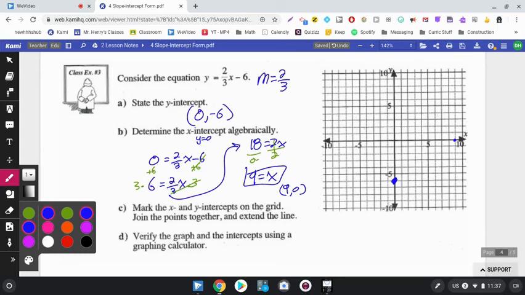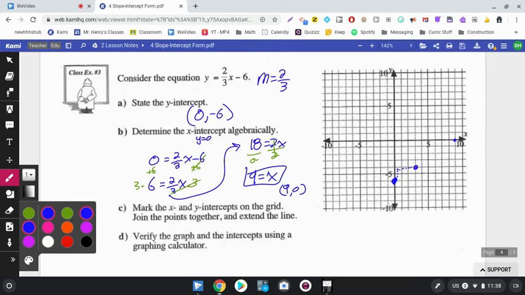But I think an easier way to graph this would have just been to say, okay, I know the y-intercept and I know the slope is 2/3. And what I'm going to show is if we just move up with the slope, we're going to get to that x-intercept. We're going to find the same point. So I would go up 2 over 3. Up 2 over 3.